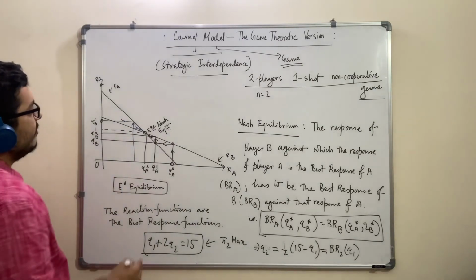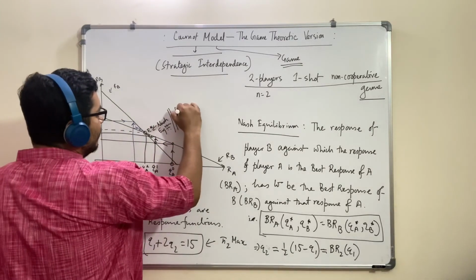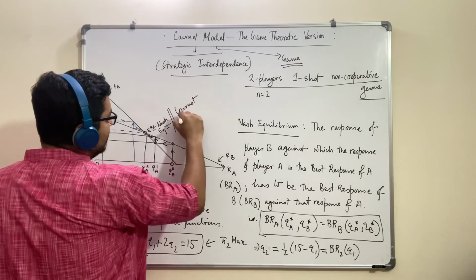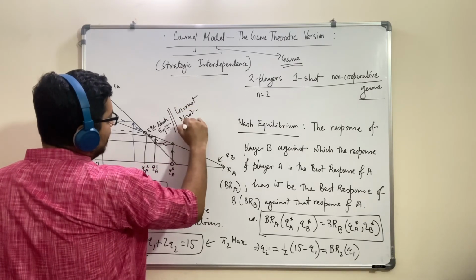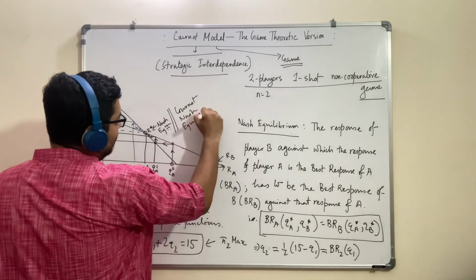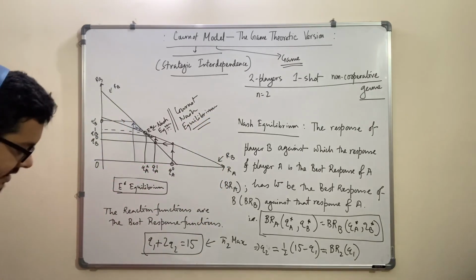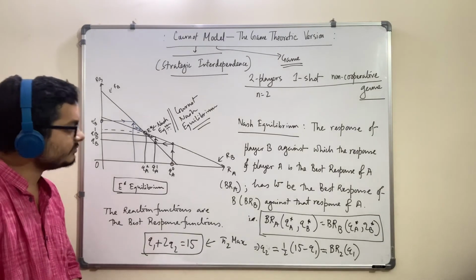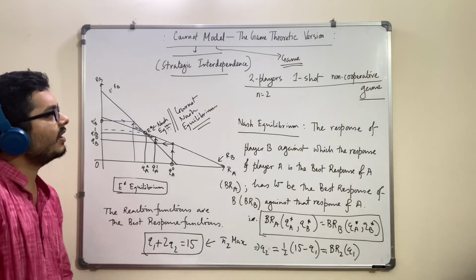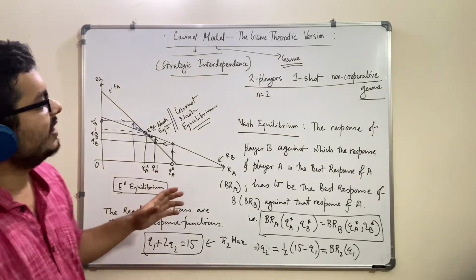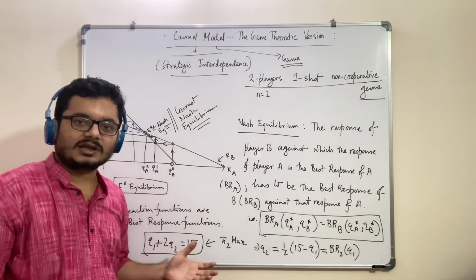So now we can say that what we found for the last 3 classes is the Cournot-Nash equilibrium. Okay, now the Cournot model also has a very interesting and famous result.